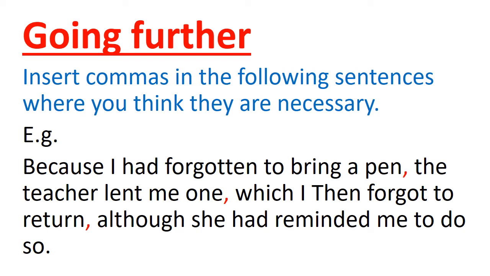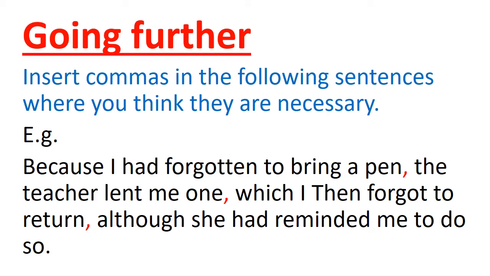After that, the teacher lent me one, comma, which I then forgot to return. There is a relative clause. To separate that from the main clause, we have used a comma. After that relative clause, there is another subordinate clause: although she had reminded me to do so. After the word pen, we used a comma to separate the subordinate clause from the main clause. The teacher lent me one.